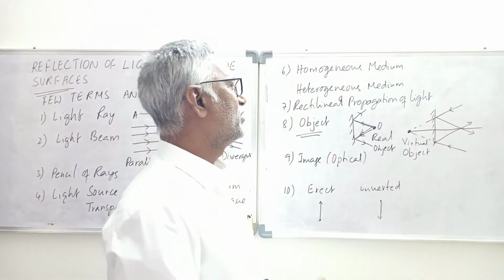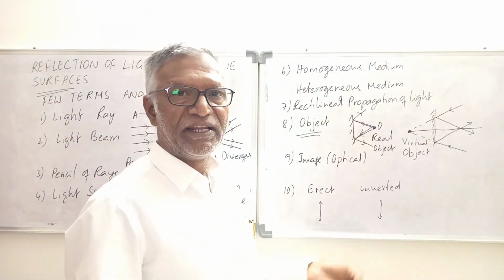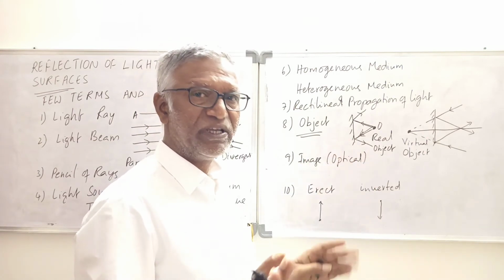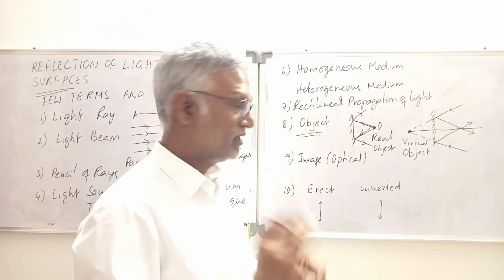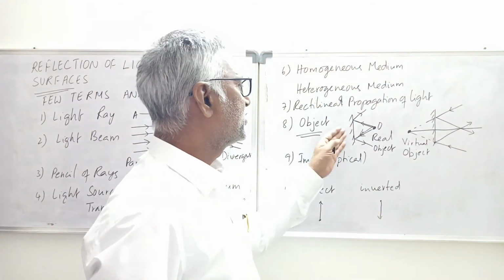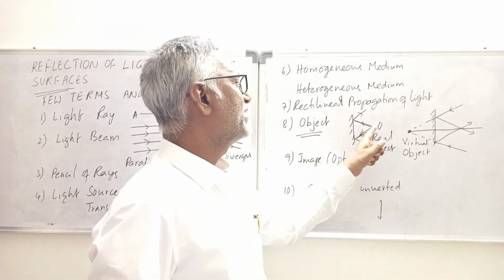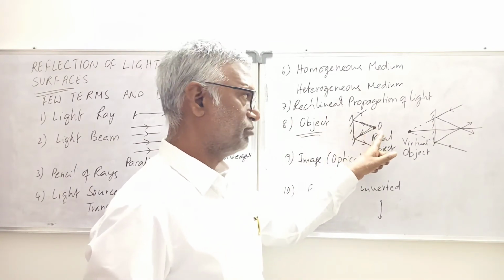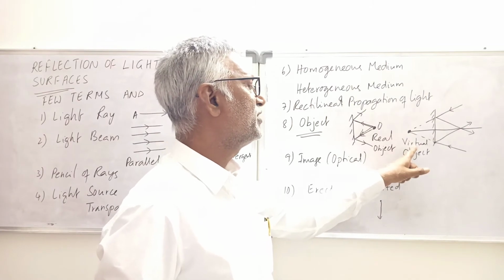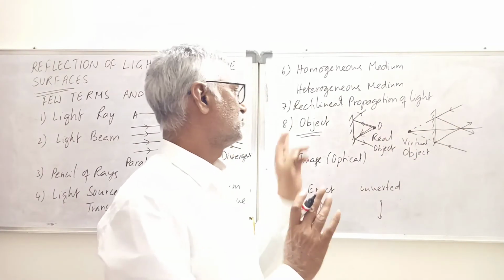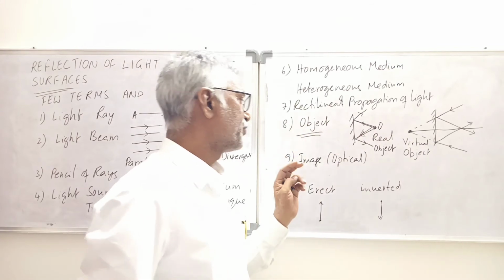In real life, so many rays will be there, but while dealing with objects and images, we will be considering 2 or 3 rays. So incident rays divergent means real object. Virtual object means incident rays are convergent.